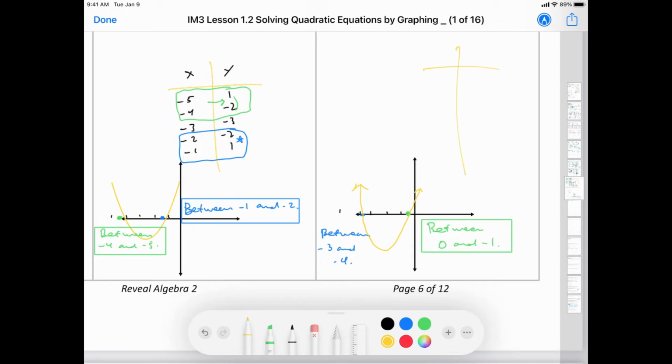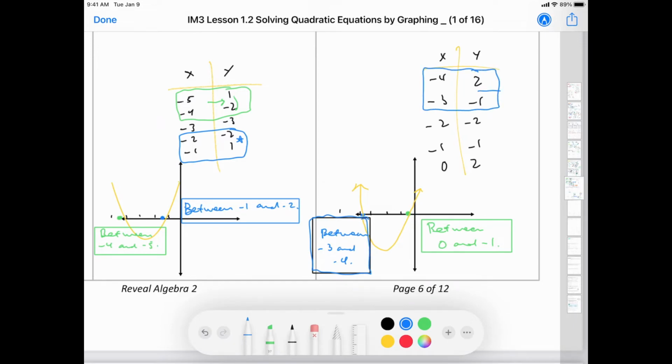And our table of values: -4, 2, -3, -1, -2, -2, -1, -1, 0, 2. And so this in blue right here, do you see how the y value is between this positive and -1? Same thing over here, between 0 and -1. It's between an x value of 0 and -1.